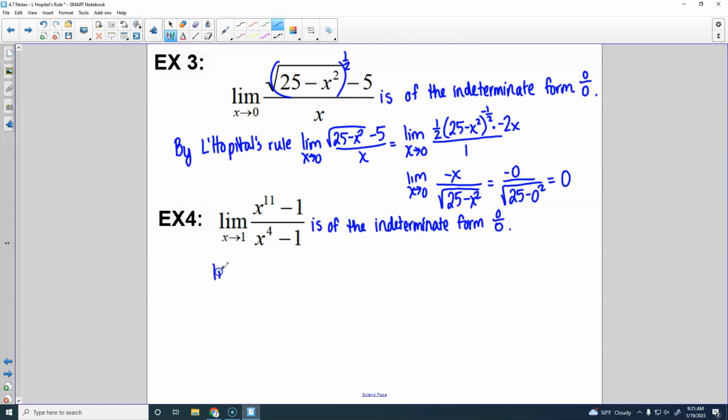So the limit as x approaches 1 of x to the 11th minus 1 over x to the 4th minus 1 is going to equal the limit as x approaches 1 of 11x to the 10th over 4x cubed.